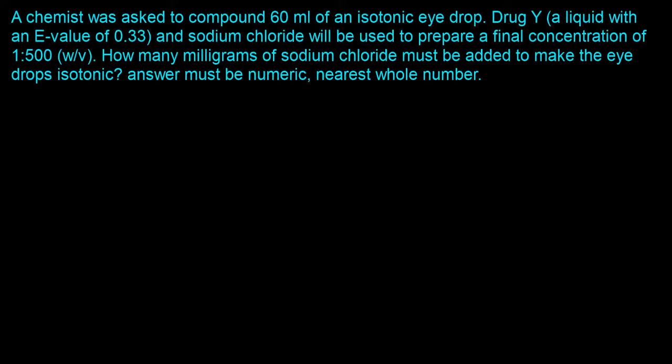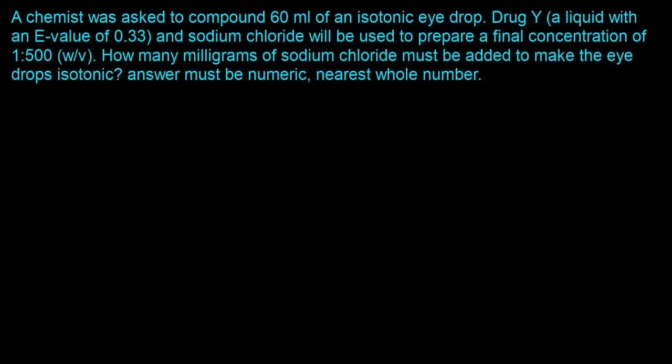Drug Y is a liquid with E value 0.33, and sodium chloride will be used to prepare a final concentration of 1:5,000 weight in volume. How many milligrams of sodium chloride must be added to make the eye drops isotonic? Answer must be numeric, nearest whole number.